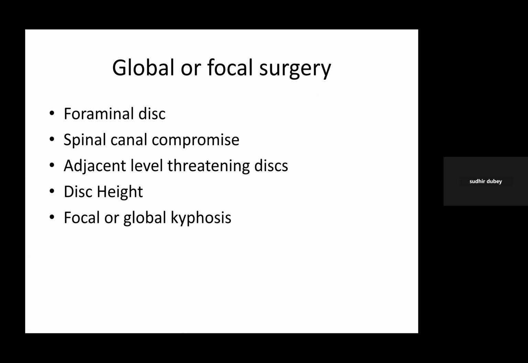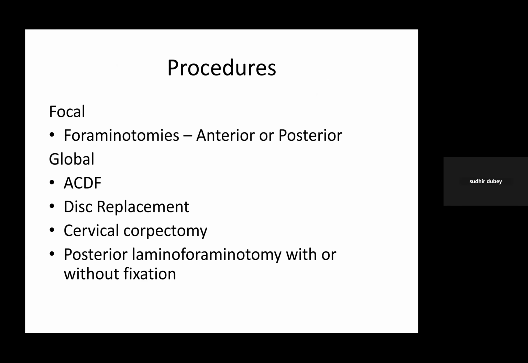And in the end, whether you do a procedure just to decompress the foramen, or a global procedure where you address the whole disc, will depend on whether the disc height is adequate or not. And also whether there is a focal or global kyphosis, which will determine whether you have to put a spacer in between the disc. That is how you deal with the strategy.